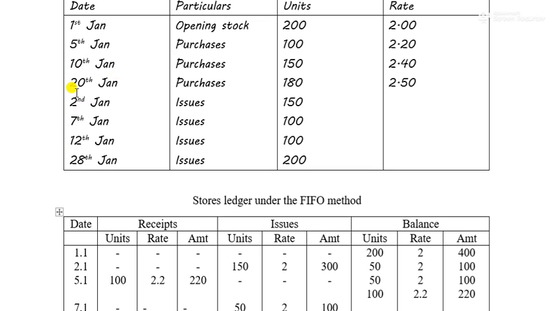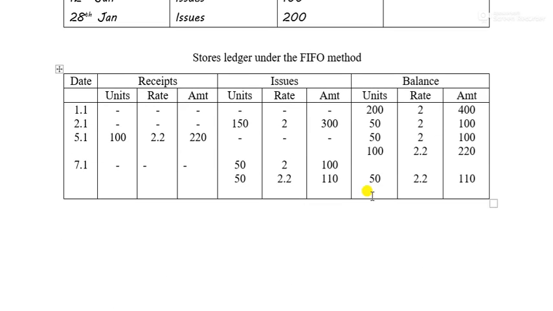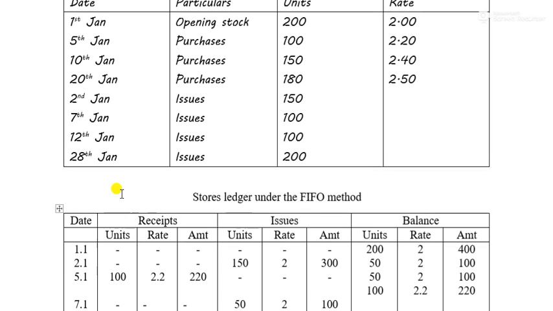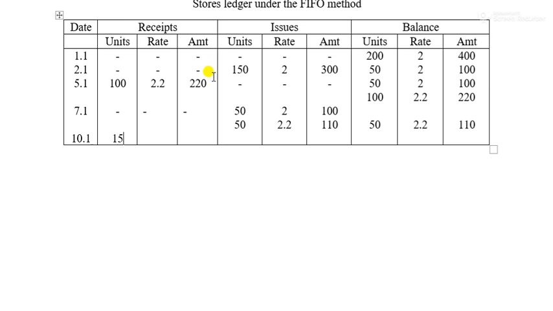7th, then comes 10th. On 10th Jan we made a purchase. We made a purchase for how many units? 150 units at the rate of 2.40.